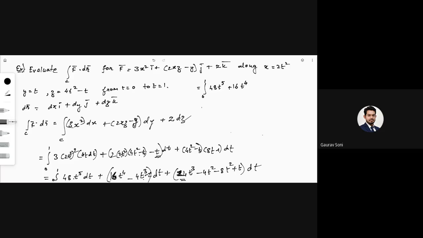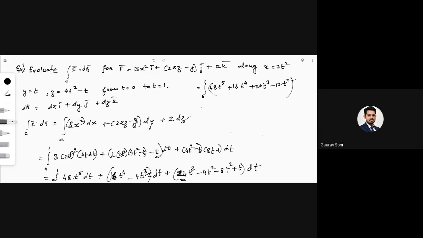So minus 4 t cube plus 24, so plus 20 t cube, then t square, so minus 4 minus 8, so minus 12 t square. And the last one, minus t dt plus t dt, so that will get cancelled out.